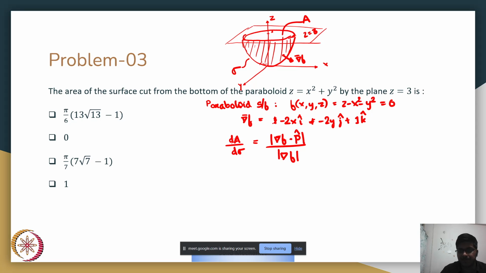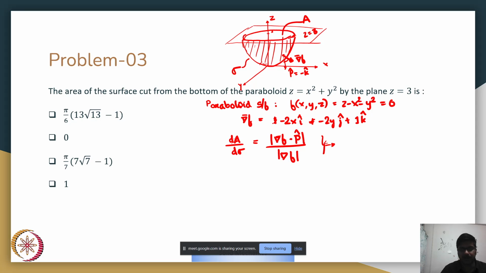Okay. And if I just substitute all the values, I can again rewrite this. This is nothing but actually the cos of this. My p is equal to minus k hat. And this whole thing is nothing but the cos of the angle subtended between the normal vector to the surface and the normal vector to the projection area.